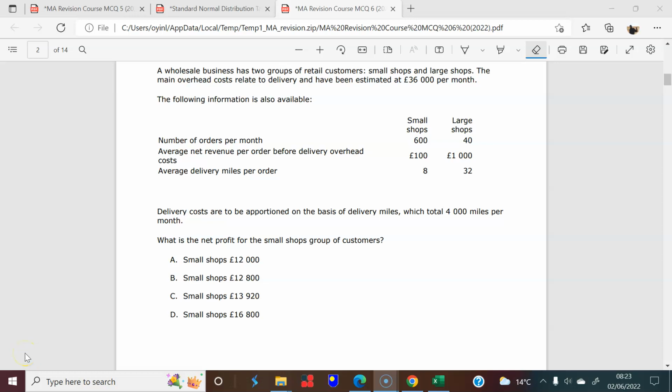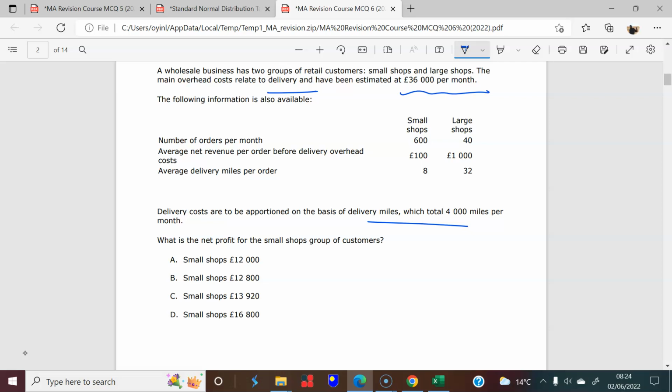Okay, right. So what we have here is a scenario where you're given overheads, and the overheads are 36,000 per month. You're told that this is estimated, and we're also told that delivery costs are to be apportioned on the basis of delivery miles.